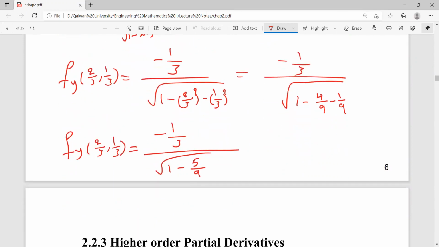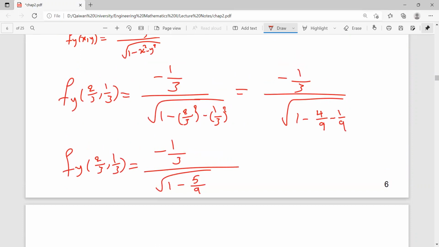Now we subtract 5/9 from 1. Okay, fine. We get 4/9. It equals minus 1/3 divided by the square root of 4/9. The square root of 4/9 is 2/3. It equals minus 1/3 divided by 2/3.